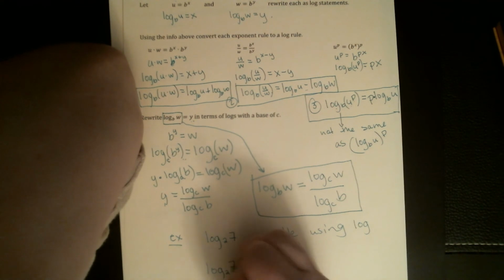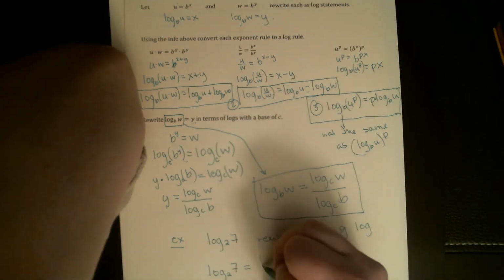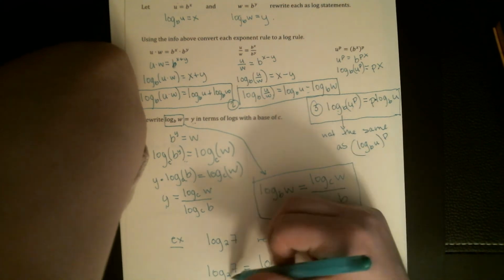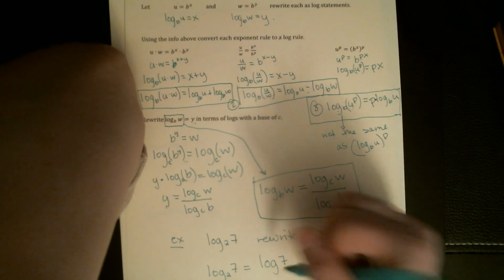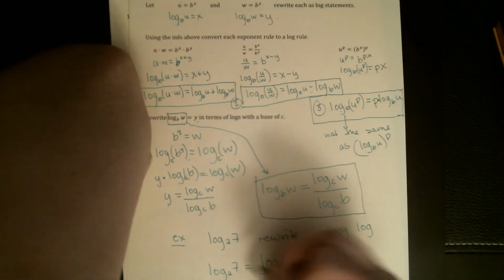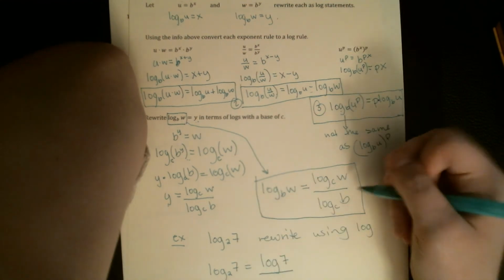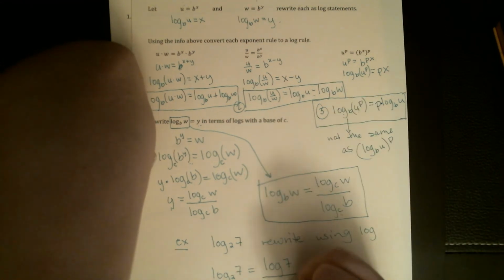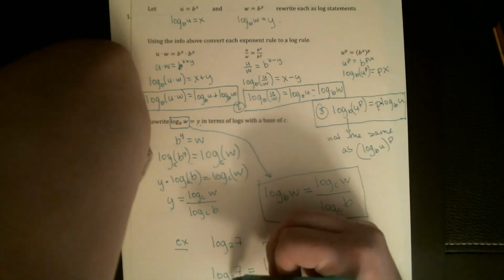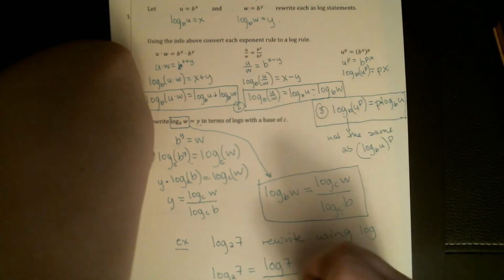But you're not done. So I'm going to go ahead and turn this into common log of 7. So the input stays exactly the same. You switch the base to whatever you want it to be. To correct for the new base, you have to divide this thing you end up with by the new log, the log base c, so for us that's the common log, of the old base, which was 2. So this is b.